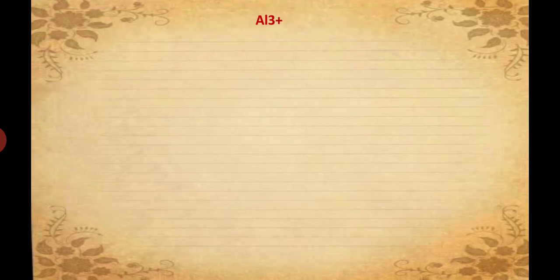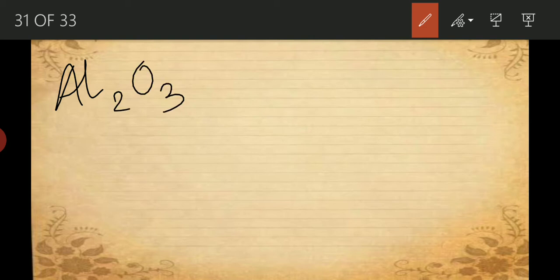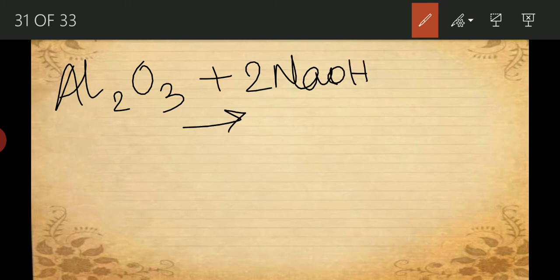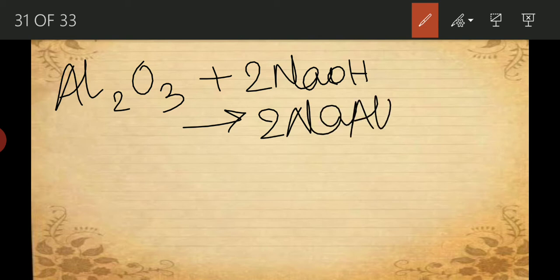Next is aluminium. In case of aluminium, aluminium oxide is Al2O3, and when it reacts with sodium hydroxide, then it is forming sodium aluminate and water. Sodium aluminate and water.